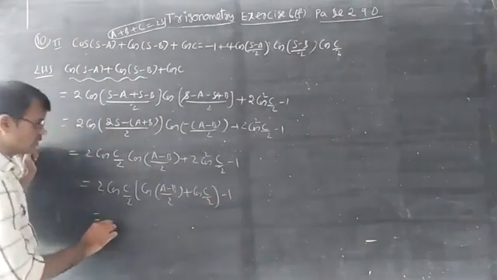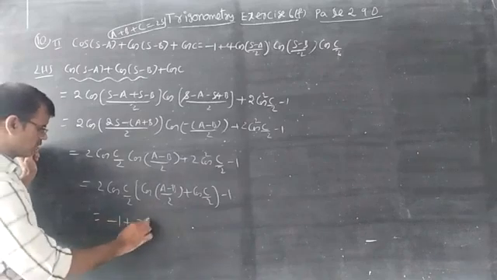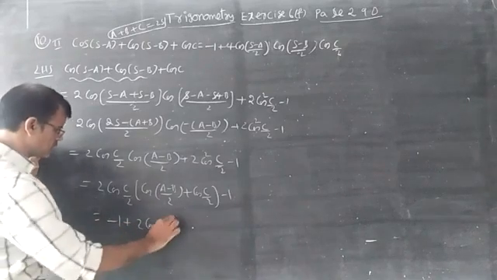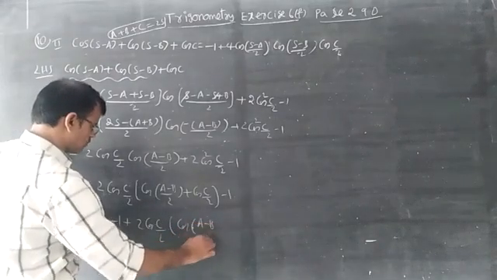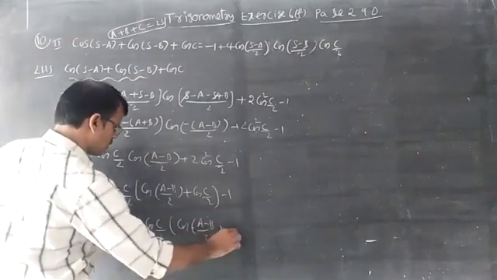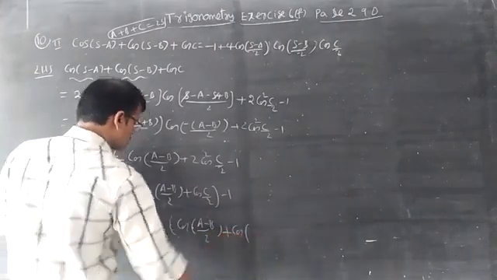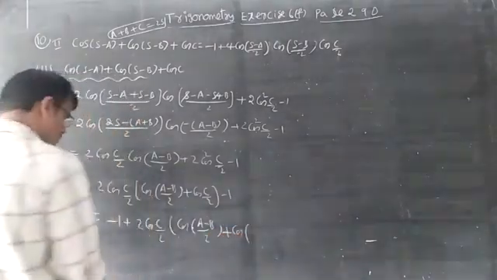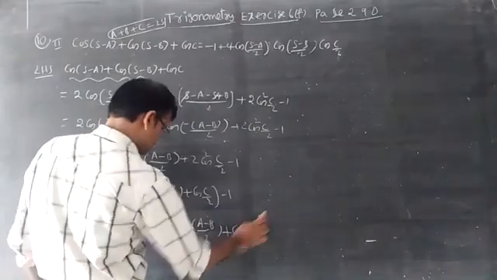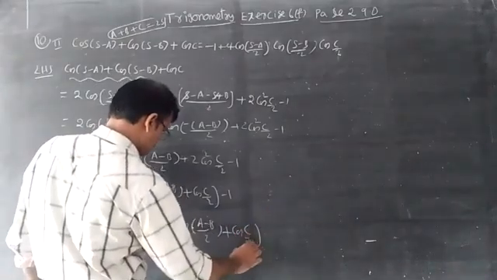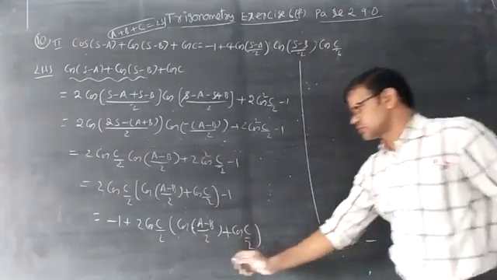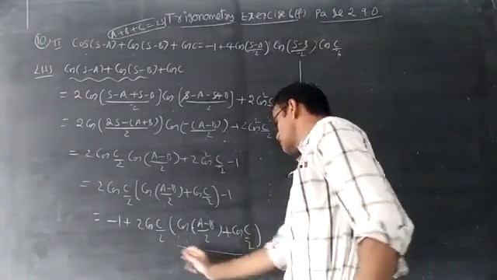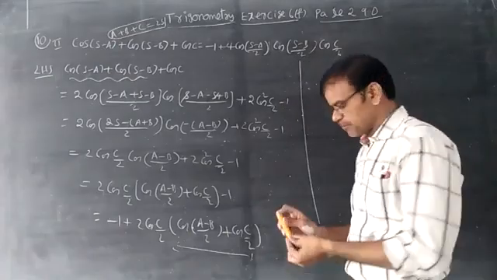That is equal to, first minus 1 you write, plus 2 cos c by 2 taken common. Within the brackets we can write like this, cos of (a minus b) by 2 plus cos c. Next formula we can apply for these two terms as cos c plus cos d.